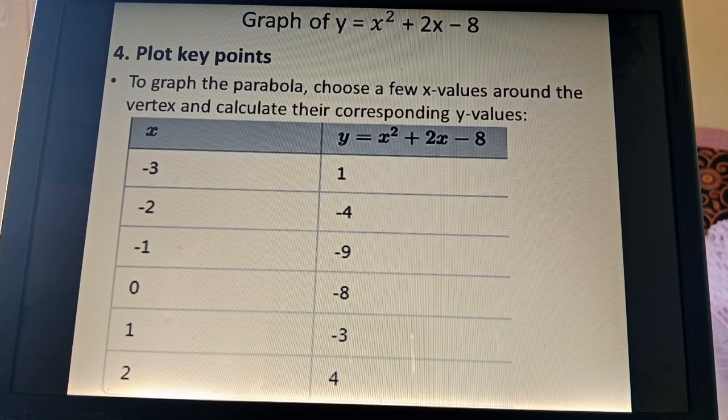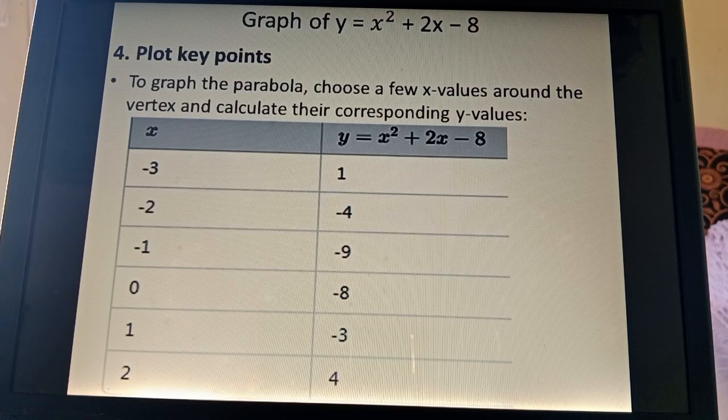How are we doing this? For example, if x is negative 1, in that equation I'll have y is equal to negative 1 squared plus 2 times negative 1 minus 8, and the answer is going to be negative 9.